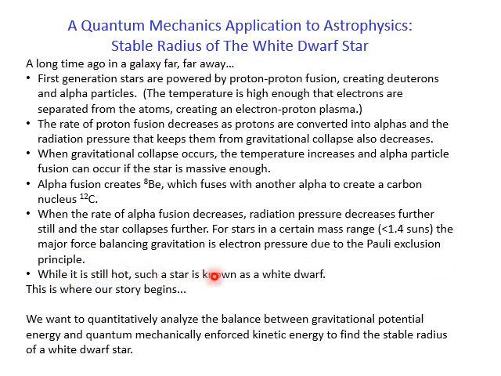And while it's still hot, it hasn't cooled off yet, it's known as a white dwarf, because when it collapses, it gets hotter. It just might not get hot enough to sustain alpha-alpha fusion.